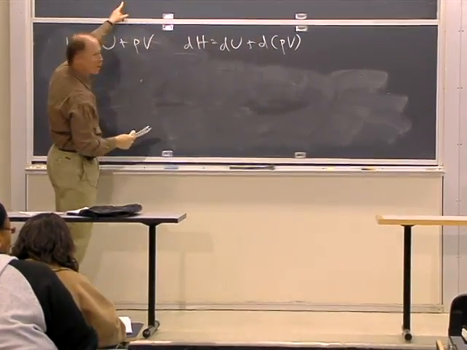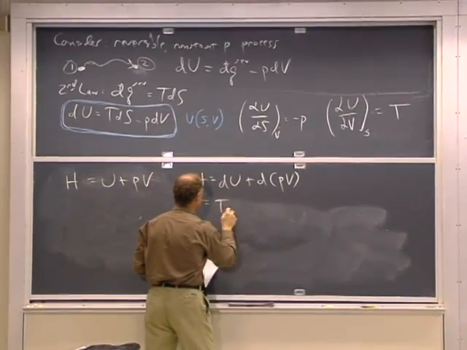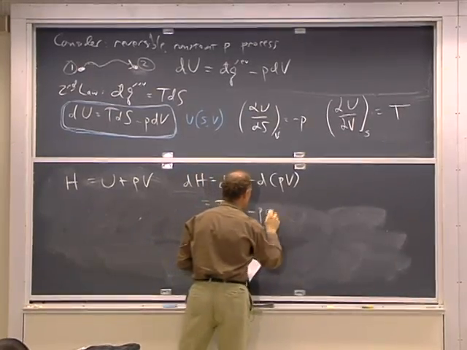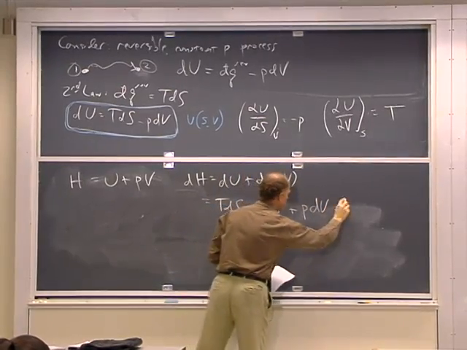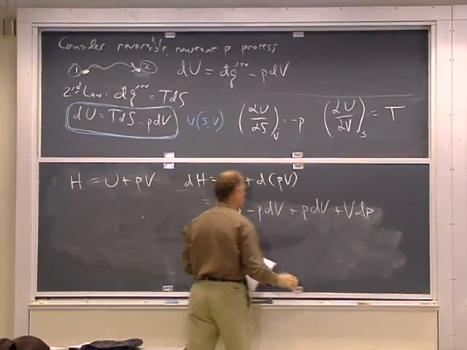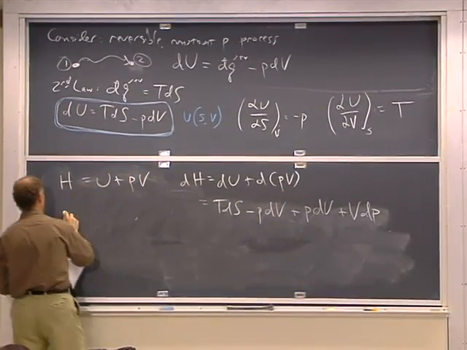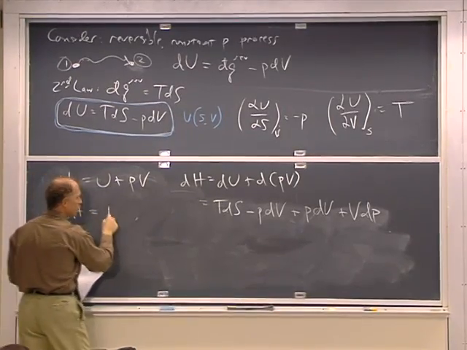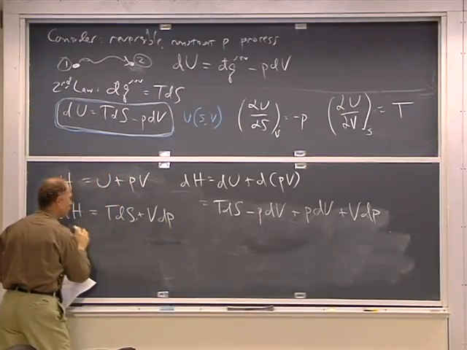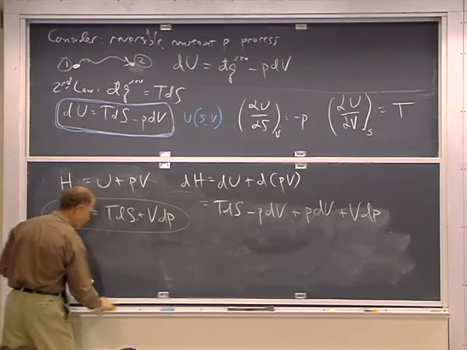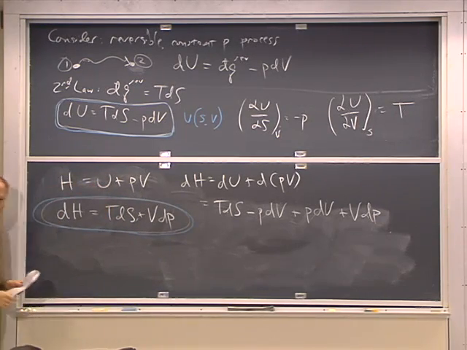And now there's our expression for dU. We're going to use it this way. So it's T dS minus p dV plus p dV plus V dp. And of course, these are going to cancel. So we can write dH is T dS plus V dp. Also important enough that we'll highlight it a little bit.